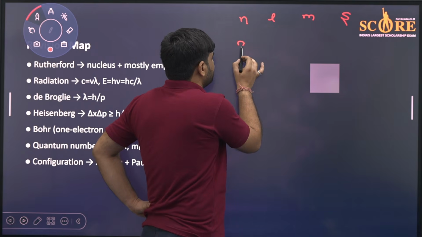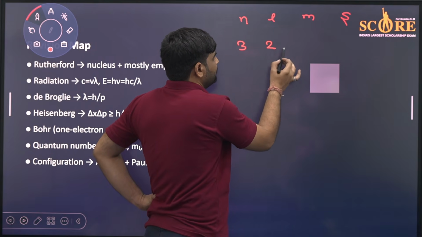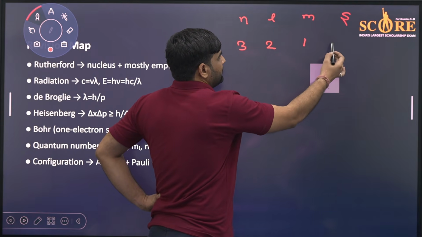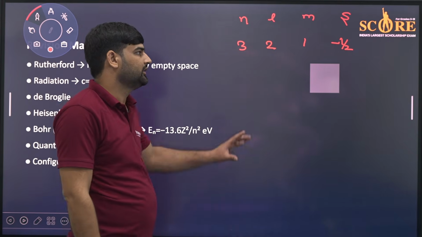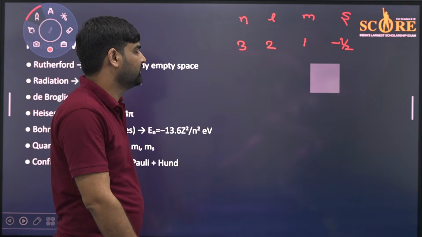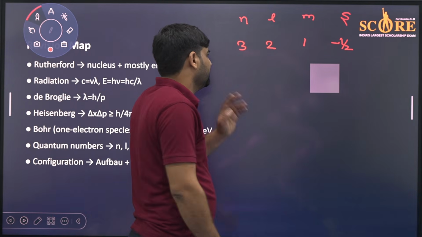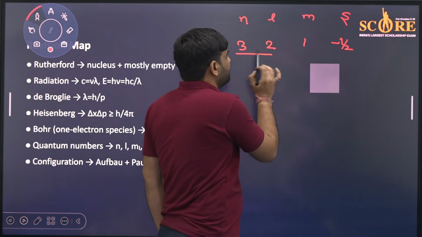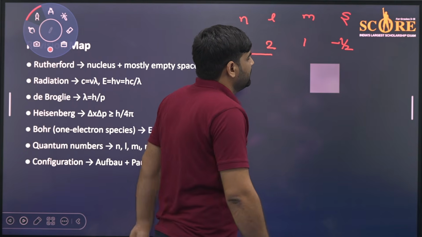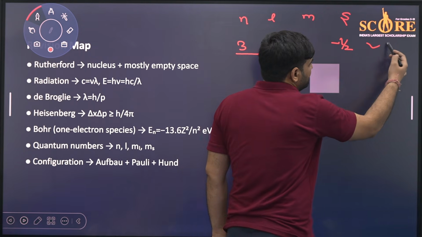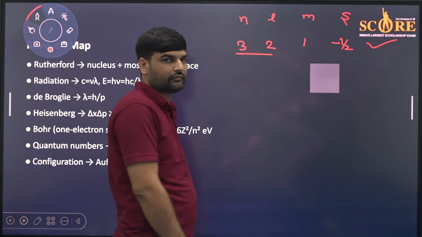Here is a set 3, 2, 1, -½. You have to decide whether this set is correct or not. You have to check that n is greater than l, m is from -l to l, and s is -½, then this is correct. Okay.